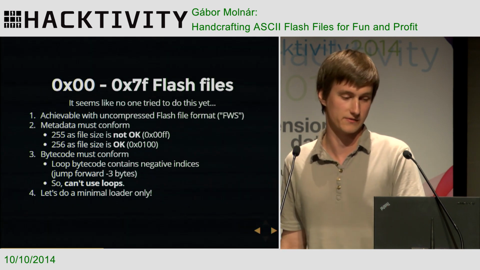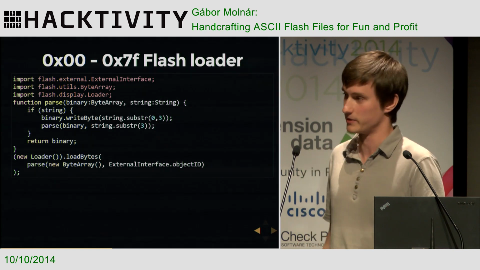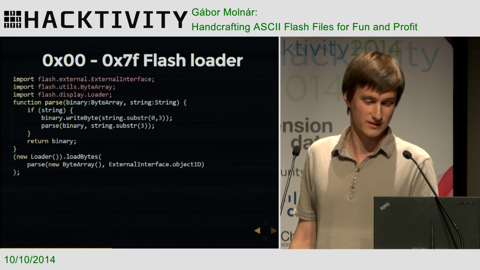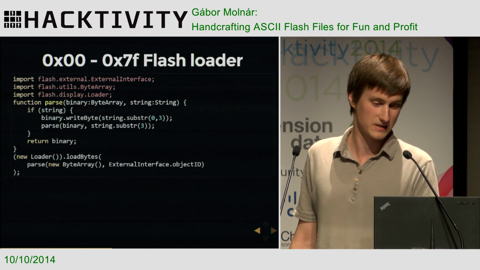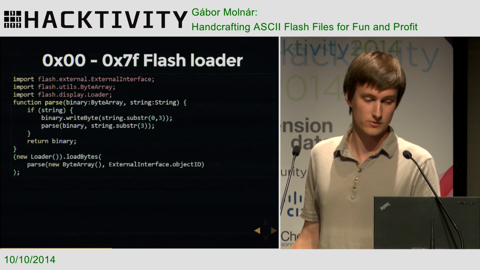and be able to load any Flash file that can then do the useful work, in quotation marks. This is the implementation. There's no cycle. I replaced it with recursion.